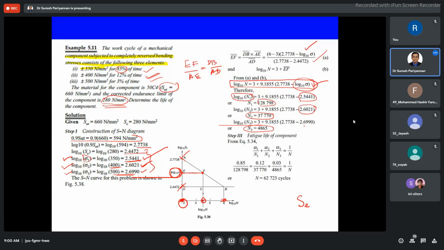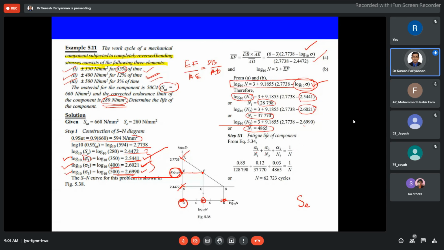But one condition we know: this stress level dominates 85% of the life of the component, this one 12% of the life, and this one 3% of the life of the component. Hence, we are taking Miner's equation to find the total number of cycles of the component.